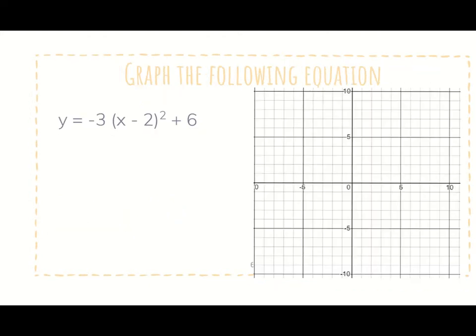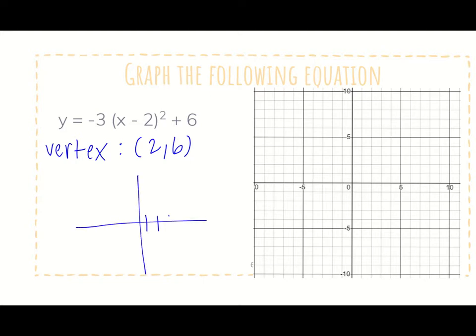All right, so let's go ahead and proceed graphing this equation. So we just said that our vertex is at 2, 6. So let's go ahead and plot that. So what I would suggest is, I have a graph here. I would suggest making a nice little graph, doing some tick marks, so that you could go ahead and graph 2, 6.